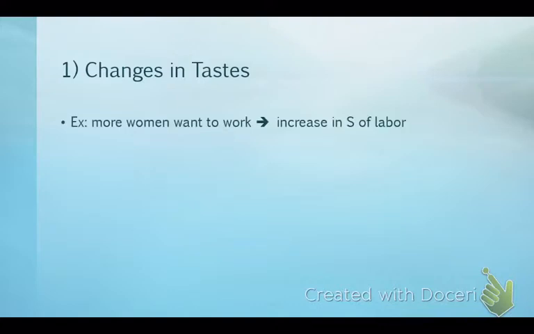Before the 50s, most women stayed home, right? And in the 50s, women decided they wanted to work. That greatly increased the labor pool and shifted the supply of labor out. So changes in taste of workers increase the supply of labor. All right.